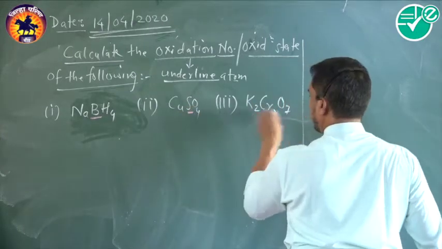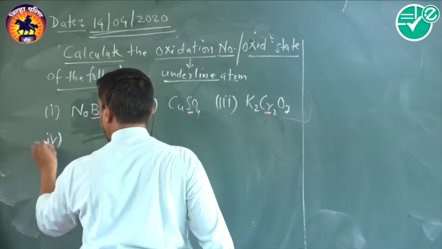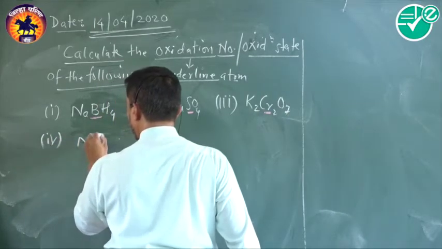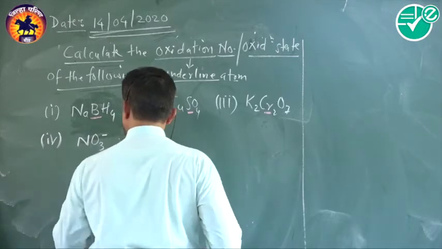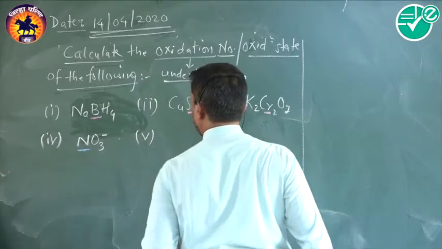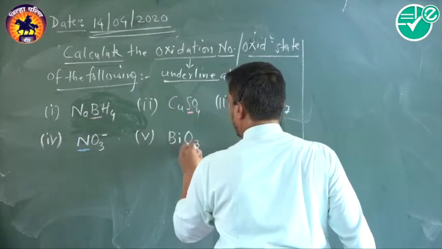Here I have mentioned one more example, that is a polyatomic ion. So I will write here NO3 minus. Underline the N. Then number 4, BiO3 minus.